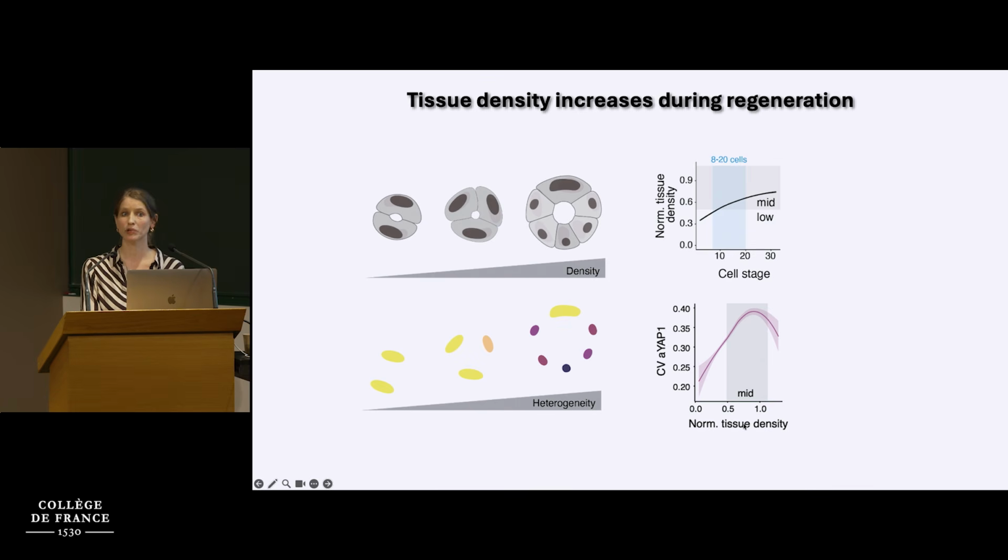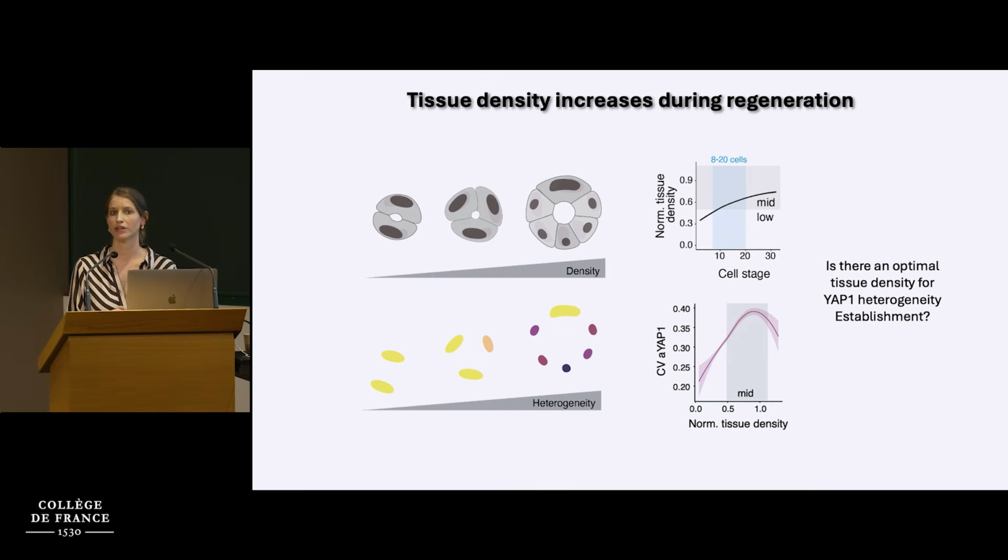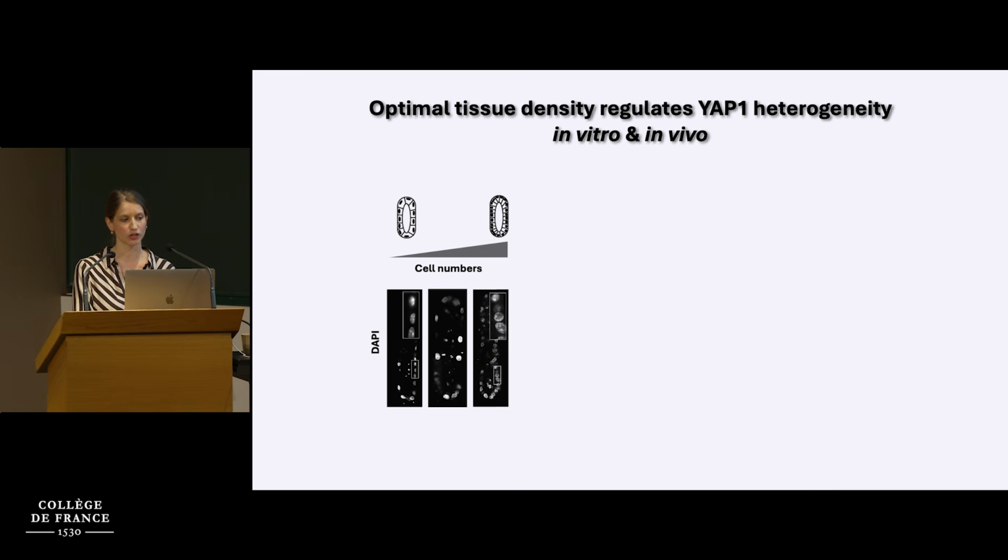So what we wanted to ask next is whether there is an optimal tissue density that is important for this heterogeneity establishment. To test this question, which was also introduced by Edouard, we used the bioengineering approach, where at a fixed circumference we can put different amounts of cells to generate low tissue density or high tissue density states.